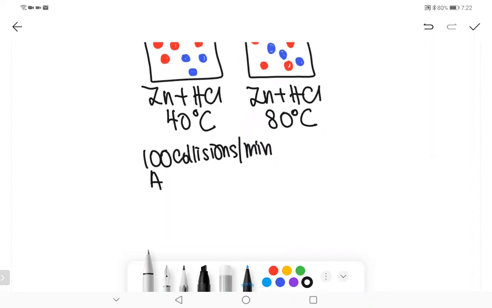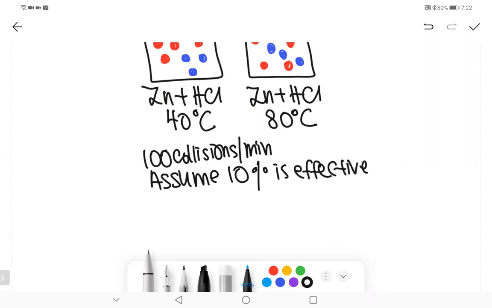Let's assume only 10% of all the collisions here are effective. If only 10% is effective, then we get 10 effective collisions per minute.